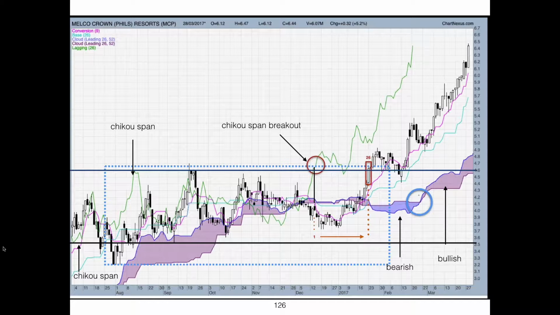So this Kumo twist happened at this price level. That was the same bar, that number 26 bar. That same bar that signaled the Chikou span breakout was the same bar that started the Kumo twist.